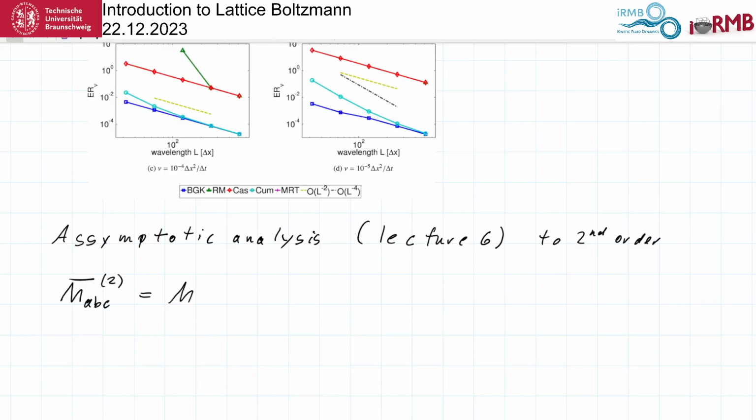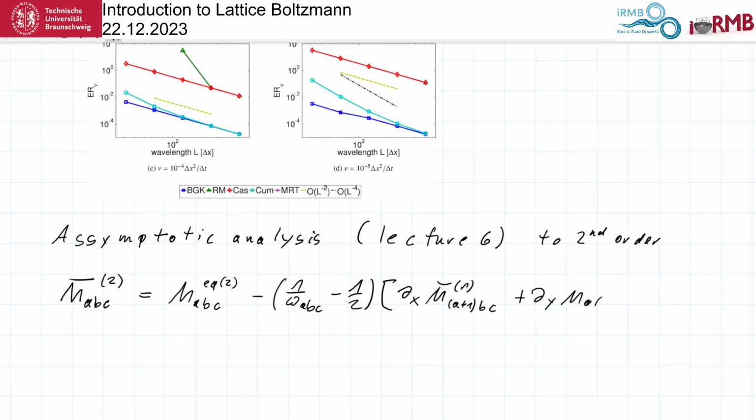It can be written down as M_ABC equilibrium to second order minus, here comes the relaxation rate associated with this particular moment, 1 over omega, and this goes into dx M_(A+1)BC first order plus dy M_A(B+1)C first order.